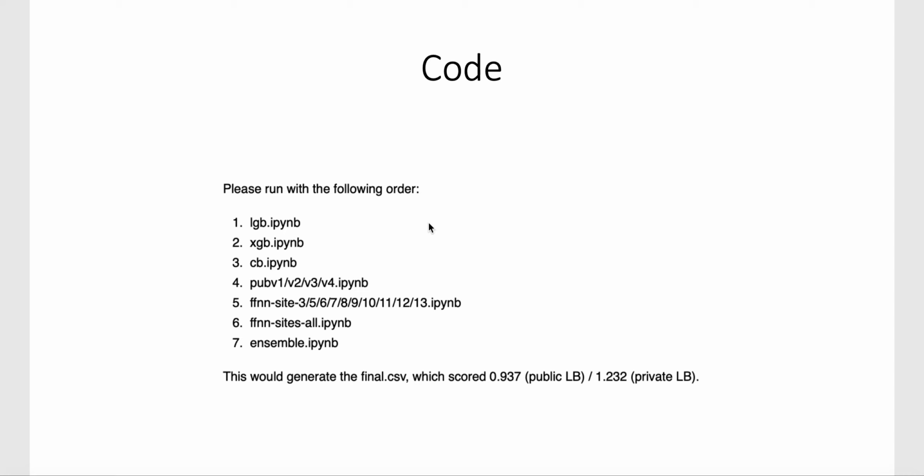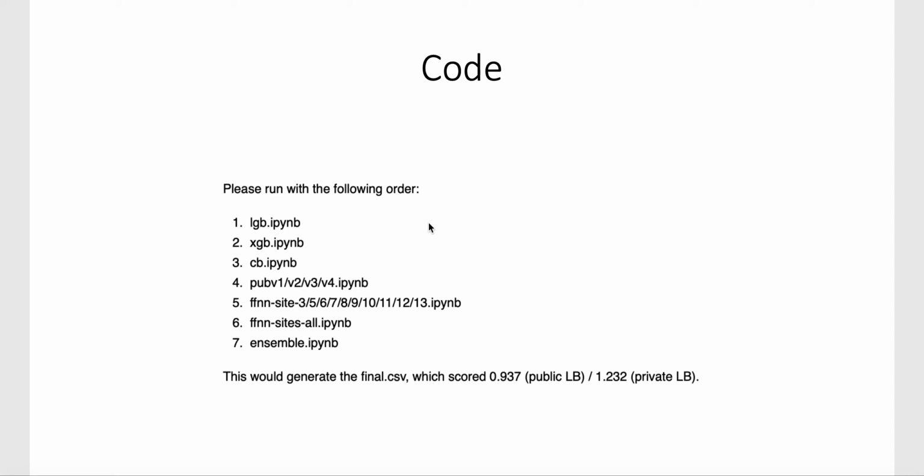The fourth is the models that have been taken from the public kernels. The fifth and sixth are the notebooks that build the feed-forward neural networks. And finally, the seventh notebook combines the outputs of all the notebooks and models together to create our final submission. Our final submission is called final.csv, which was then used to submit on Kaggle.